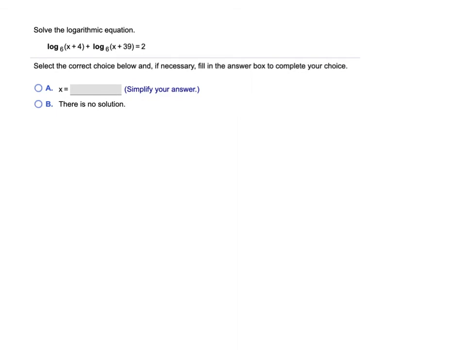Okay, so for our final 2 problems, they're kind of similar. If you notice, we have log base 6 plus log base 6 equals 2. So we have 2 log terms on the left side of the equation. So what we're going to have to do in this case is combine those into one log. That's what we learned in the previous section when we were learning those properties.